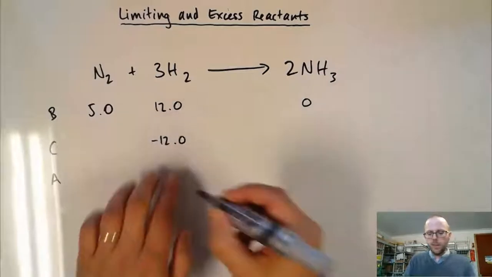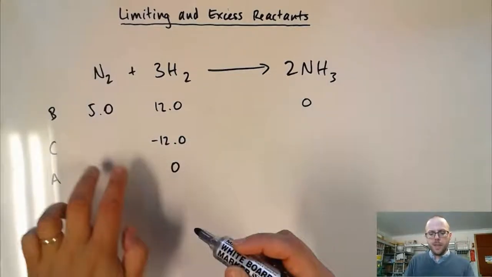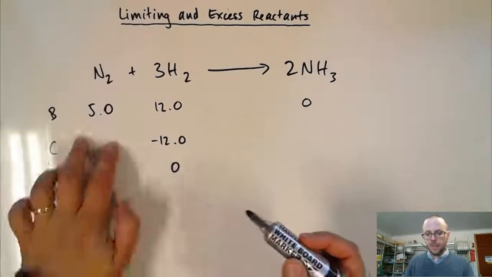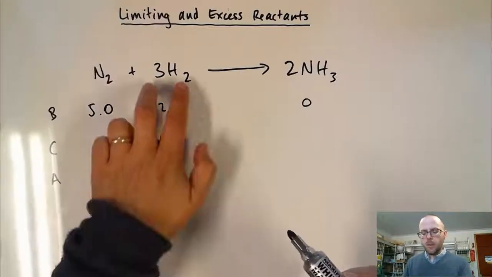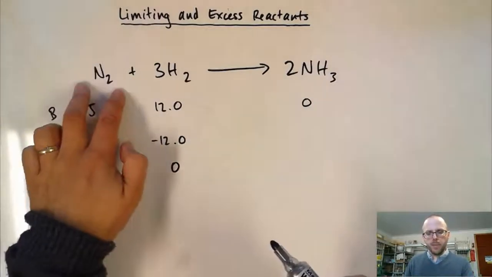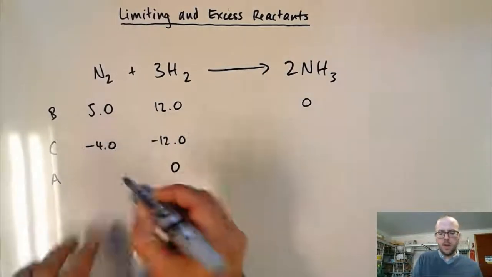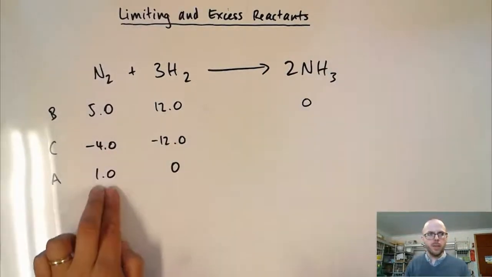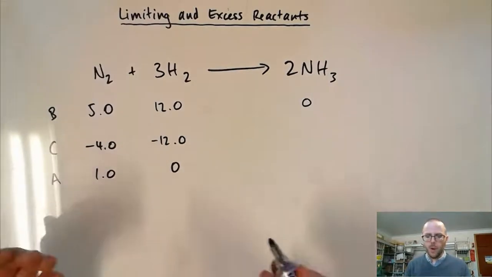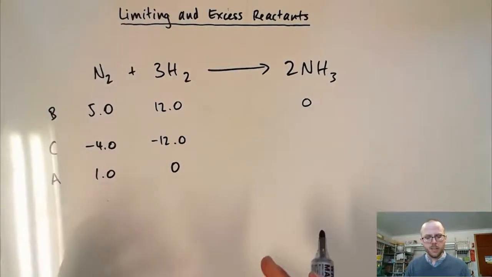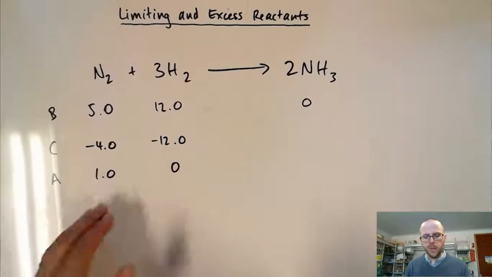Okay, so let's say all of this is being used up, and the nitrogen is in excess, sorry. For every 3 moles of this, I need 1 mole of this. 12 moles of this, I need 4 moles of this. Which leaves me with 1 mole left over, which makes sense. So unlike the other one where I got a nonsense answer, I have a logical answer here.